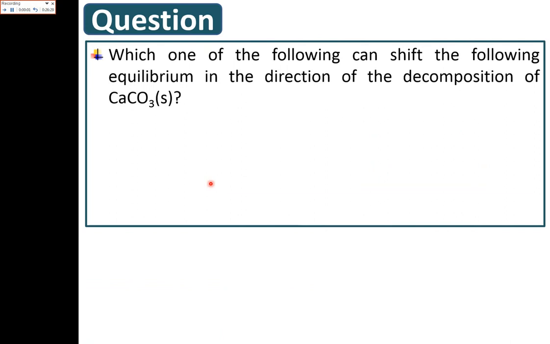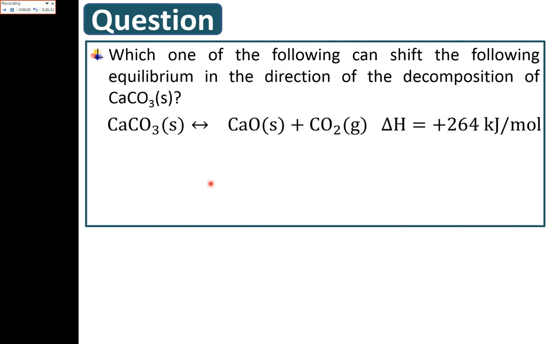Another question: which one of the following shifts the following equilibrium in the direction of the decomposition? This is an application of Le Chatelier's principle. This is calcium carbonate. It decomposes to calcium oxide and carbon dioxide, and the reaction is endothermic because delta H is positive. How can we affect this equilibrium externally to shift it to the right, to the decomposition of calcium carbonate?